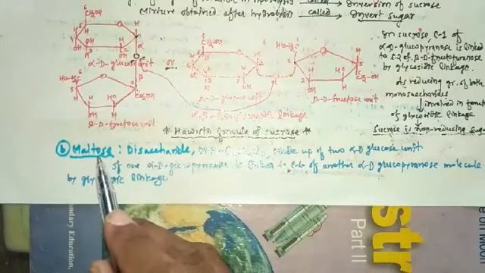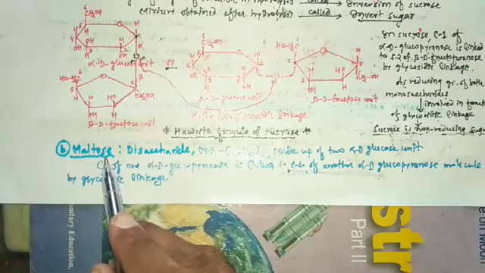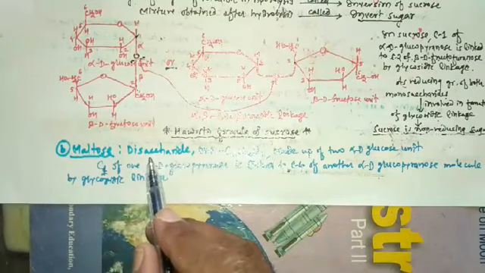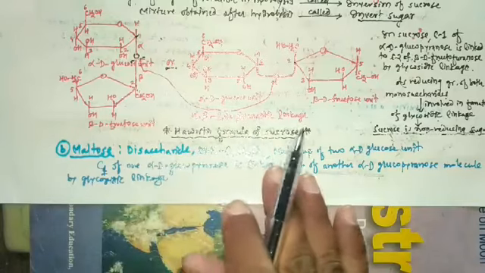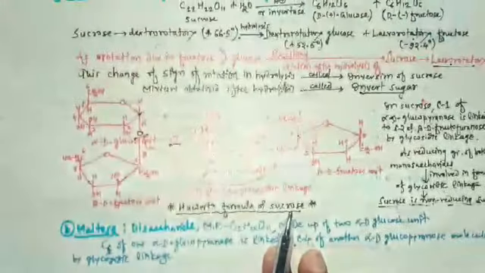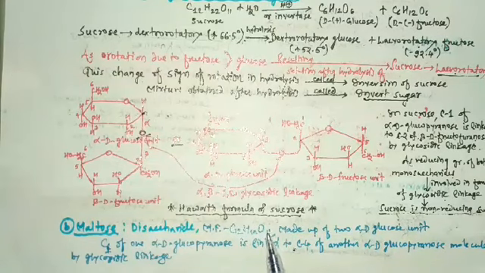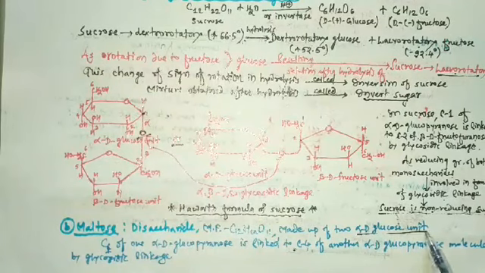Then let's study the next disaccharide, that is maltose. Maltose is an example of a disaccharide having the molecular formula C12H22O11. This maltose is made up of 2 alpha D glucose units.